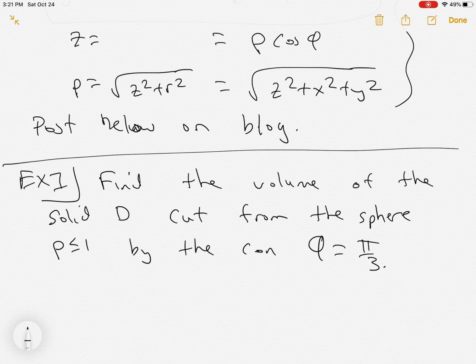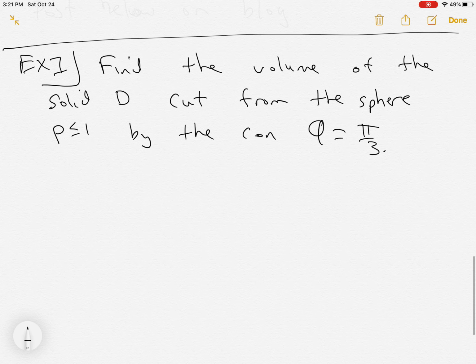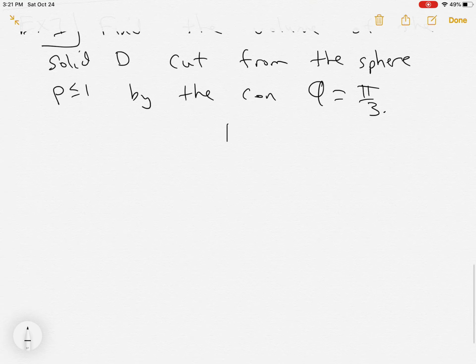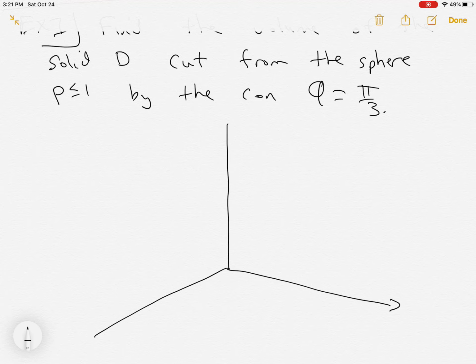All right, so let's think about this. We have y, x, and z. So if rho equals 1, we have a sphere of radius 1.